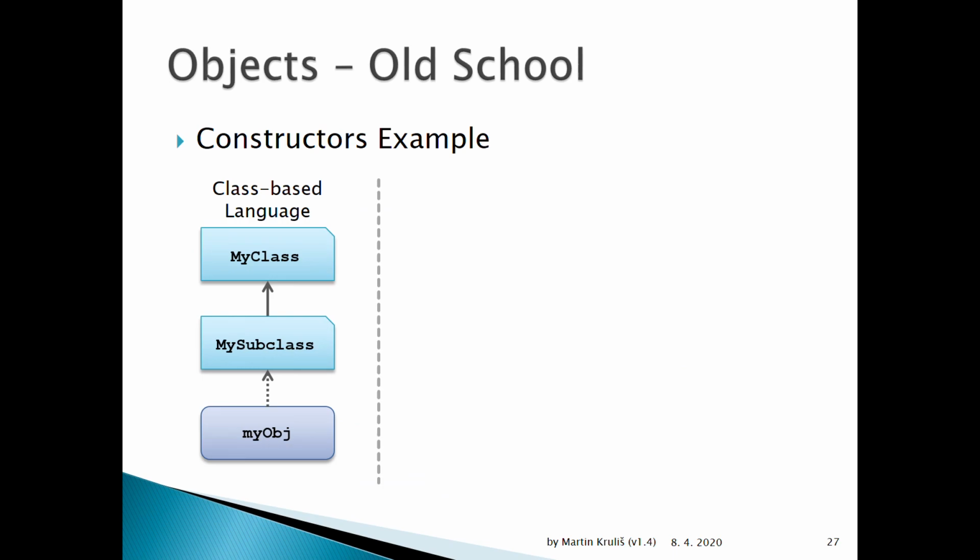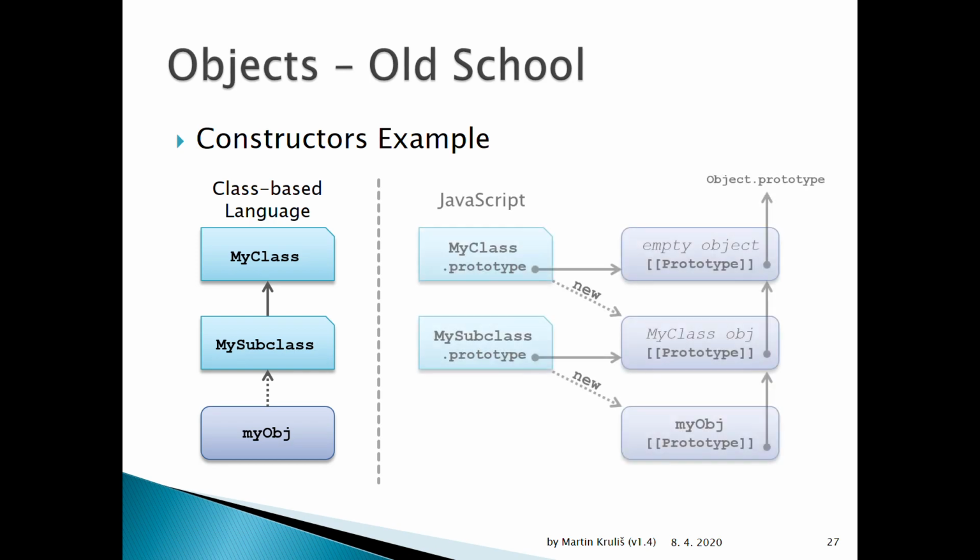Although at first glance this was slightly more convenient because we have some kind of entity that represented classes, and this entity was different than a regular object, well, at least ideologically, it actually causes some complications, especially when dealing with inheritance. So we have the same example as we had before. This is an example from a regular class-based language.